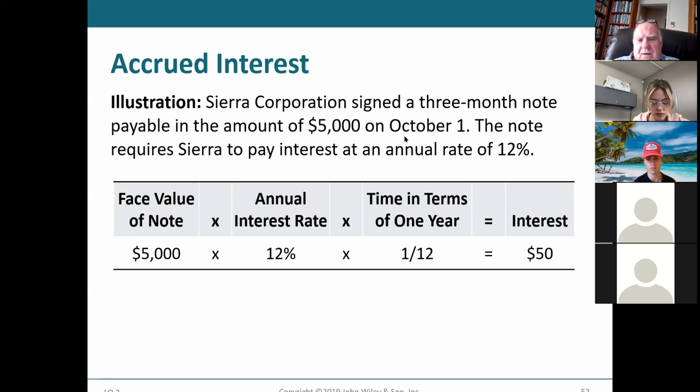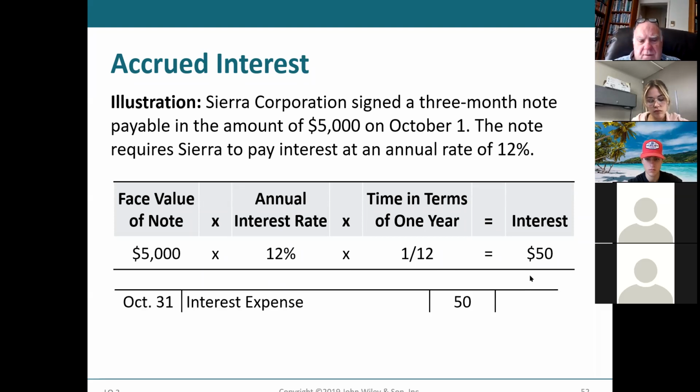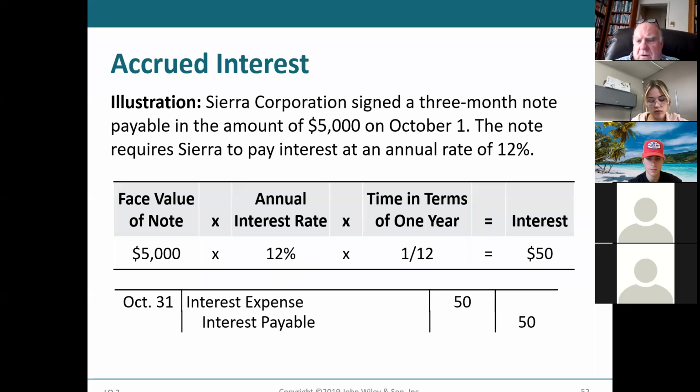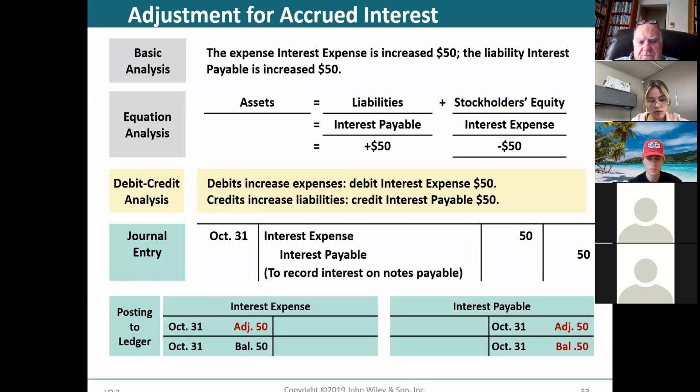So 12% of $5,000 is $600, divided by 12 months gives $50 interest per month. So in the month of October, we have to recognize that we incurred $50 of expense. We're going to debit interest expense and credit accrued interest payable. Okay.